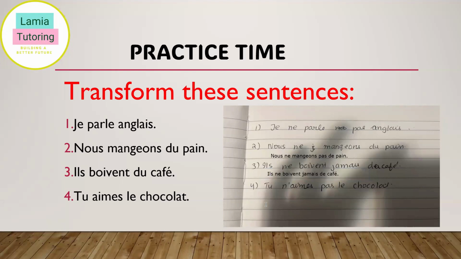Okay. Et tu n'aimes pas le chocolat. That's good. Okay. So just remember that when you have du, it becomes de. In negative, right? Yeah, in negative always. As long as you have du after your negative part, after your verb, it becomes de.